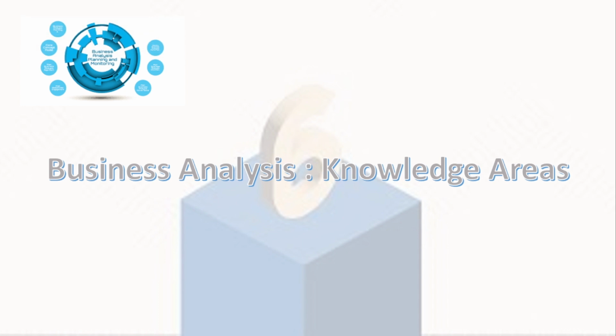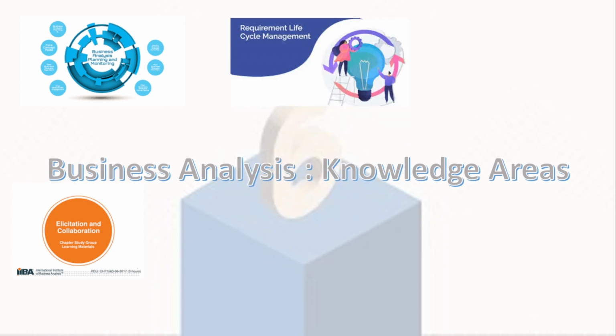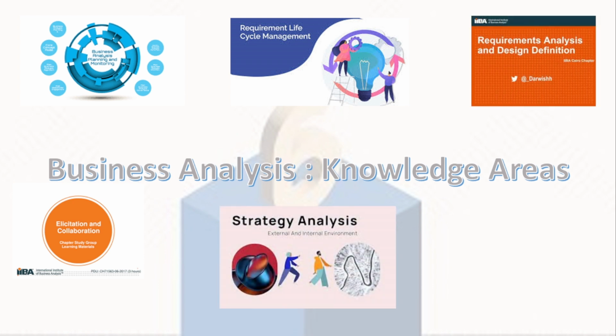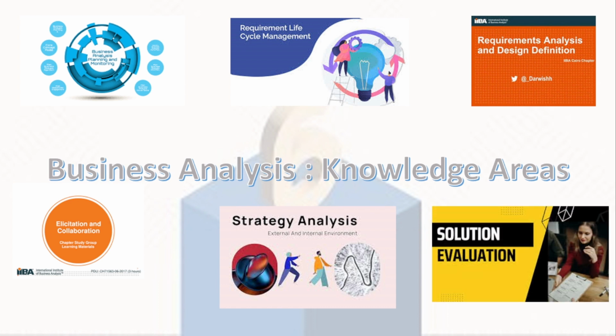Here are the six knowledge areas that we are going to learn about. The first one is business analysis planning and monitoring. Thereafter, elicitation and collaboration. The third one, requirement life cycle management. Then strategy analysis. The fifth one, requirement analysis and design definition. And the last one, solution evaluation.